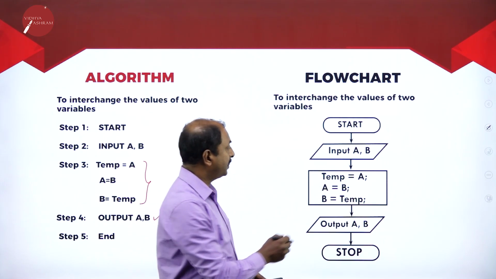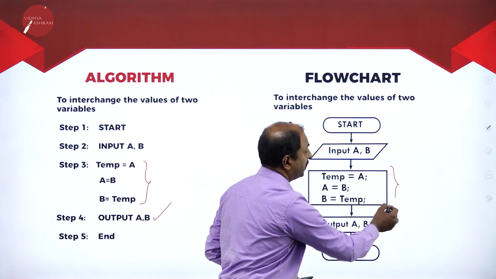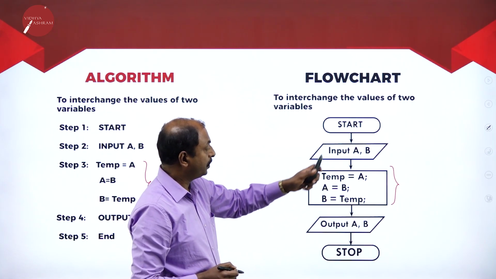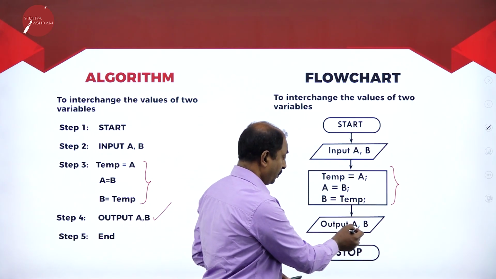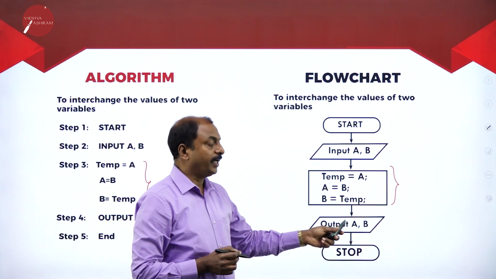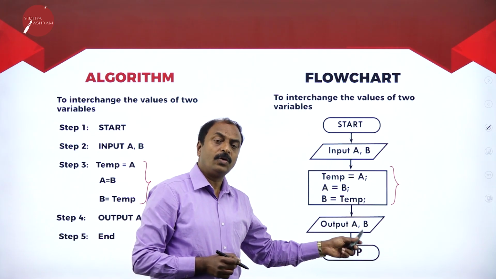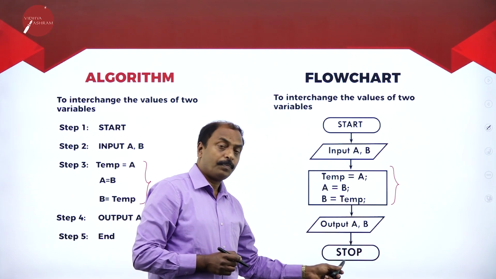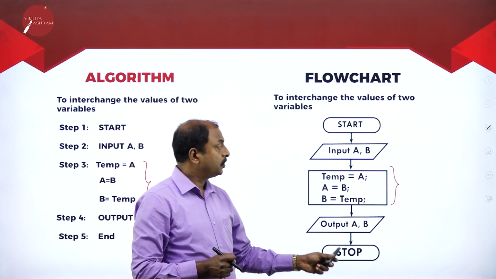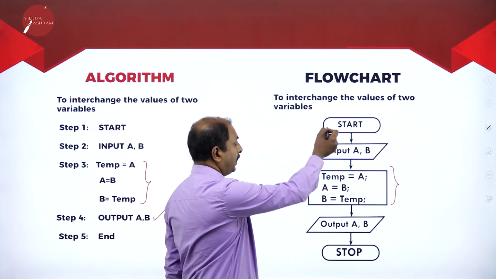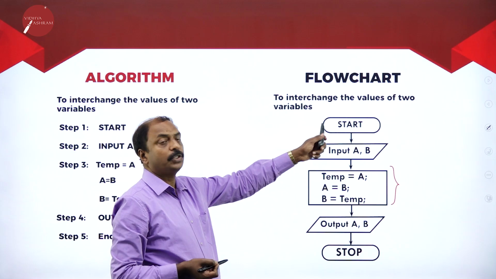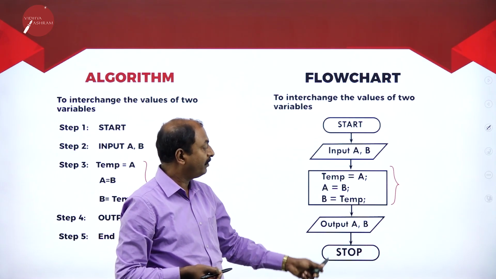Then after this processing, input, process and output, it is going to print the final interchanged values of A and B. We have to stop the flow chart here. So this is the beginning and end. Here the oval shape is used to represent the beginning and end of a flow chart.